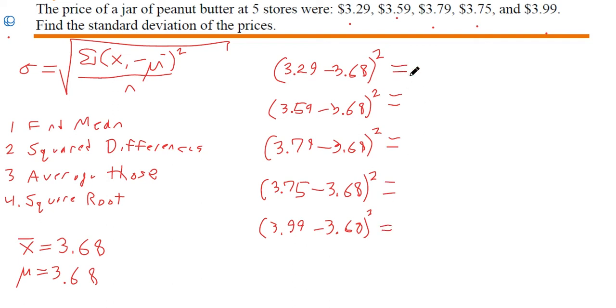So this one's not going to be too nice just because it has decimals. So 3.29 minus 3.68 gives you negative 0.39. Square that, and you get 0.1521. And we do that for each of these. So 3.59 minus 3.68 squared gives you 0.0081.